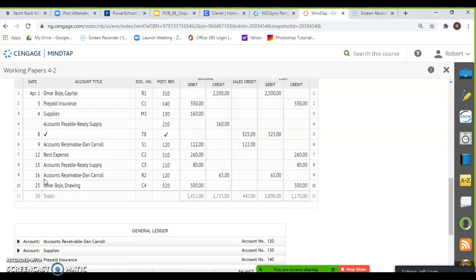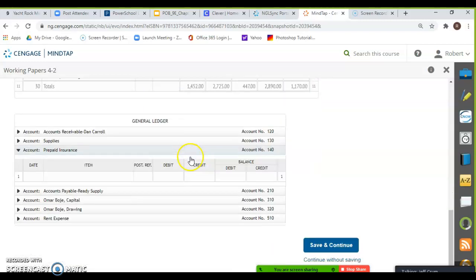So let's see what we have up here for insurance. So April 3rd, right here, have a debit for $330. So APR third, page 1 of the journal.